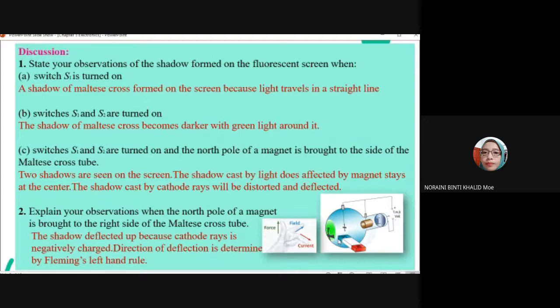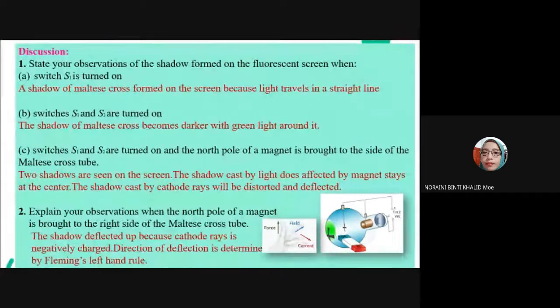The direction of the magnetic field is always pointing from north to south. So your forefinger you must place into the screen. The current finger you must place opposite to the direction of the cathode rays. Cathode rays travel to the left, which means you must place your current finger towards the right.